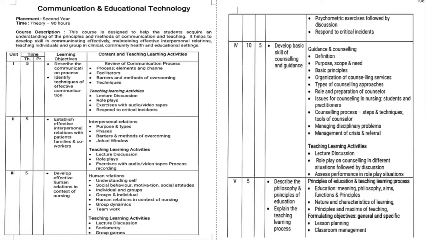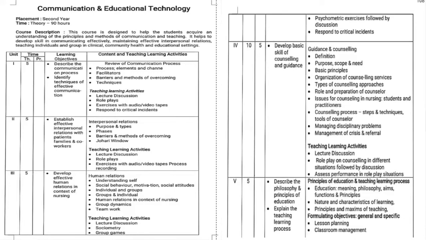Okay, interpersonal relations, this second unit. This is about how interpersonal relations are to be maintained, what the meaning and purpose are, what the uses of communication between two persons are, and the types, the different types of IPR, and phases of IPR.